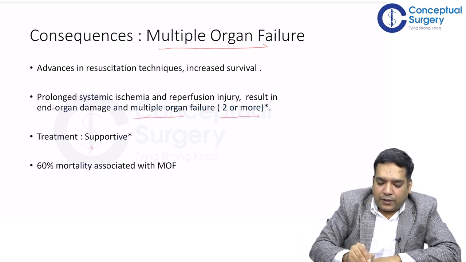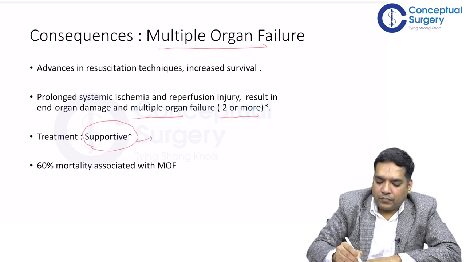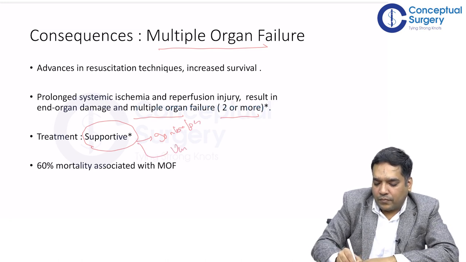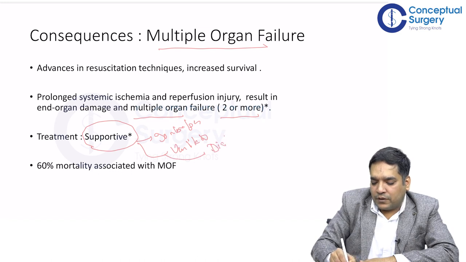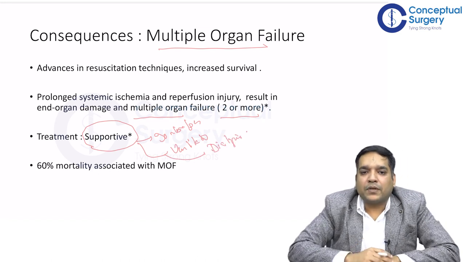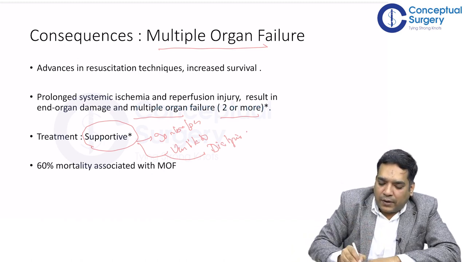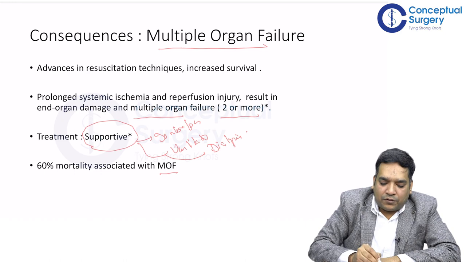The treatment is basically supportive in the form of inotropes, in the form of ventilator, in the form of dialysis. So basically there is a supportive treatment only, right? And it is known that with a multi-organ failure, there is a chance of 60% mortality.